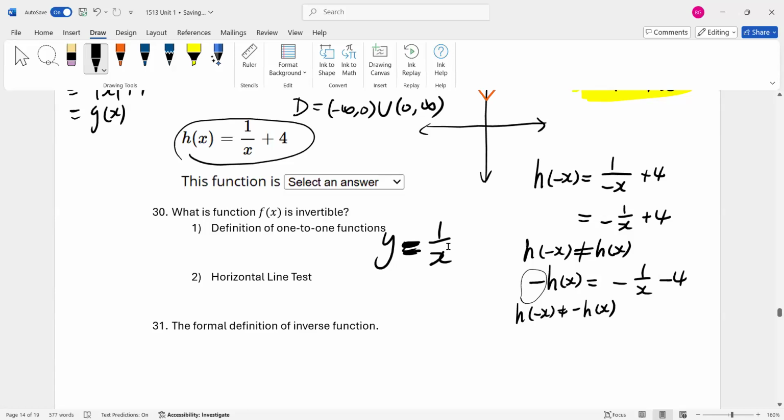If you already started section 1.6, you can see it actually requires the name of this function, reciprocal function. What's the graph of the function? Please remember the graph of the function.